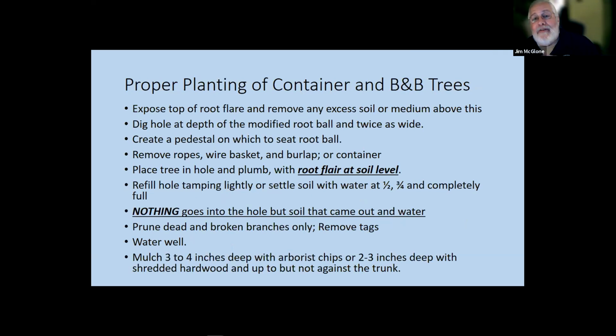This is one of the other advantages to the bare rooting, because you might have noticed the root ball for those willows went from being about maybe 15 inches to being more like 6 inches, which means I don't have to dig as deep a hole. I did have to dig a wider hole, because now I'm going to be spreading those roots out to a greater extent. You want to make a pedestal.